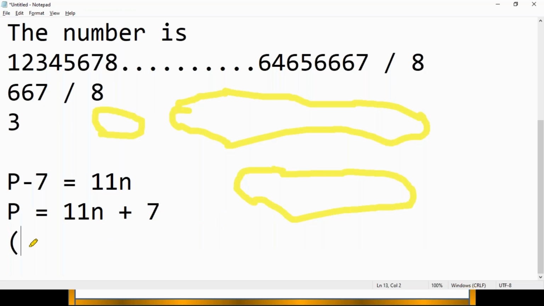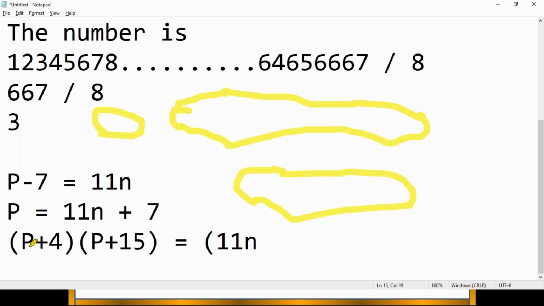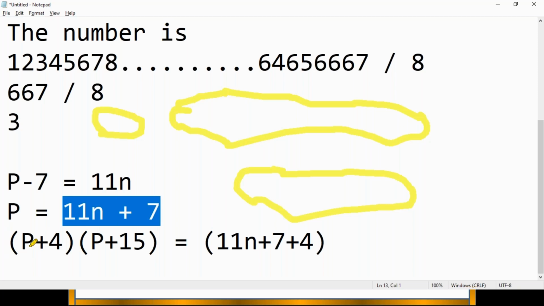Here, P plus 4 into P plus 15 is equal to, what is the P value? 11n plus 7 plus 4. P plus 4 is nothing but the P value we already know, 11n plus 7, plus this 4.